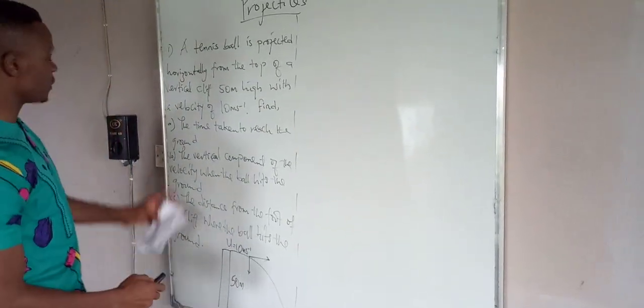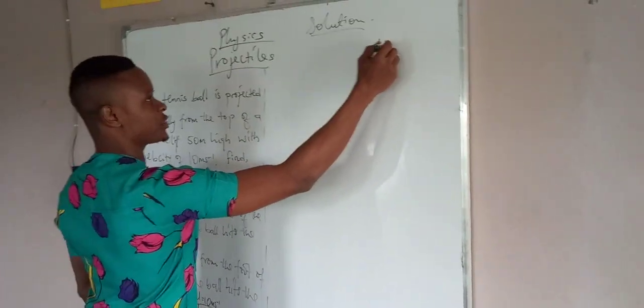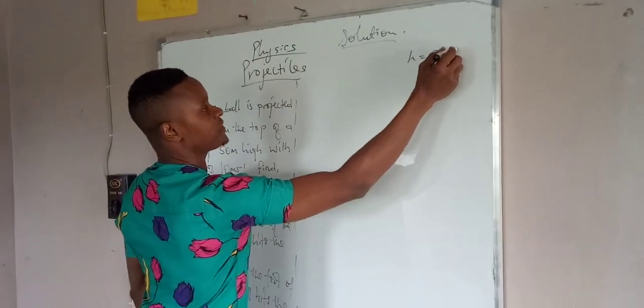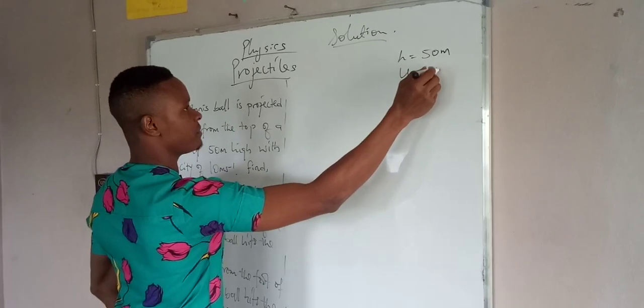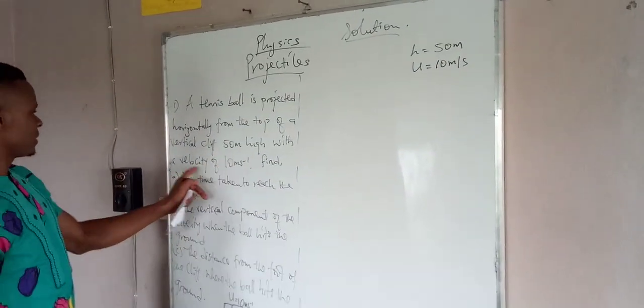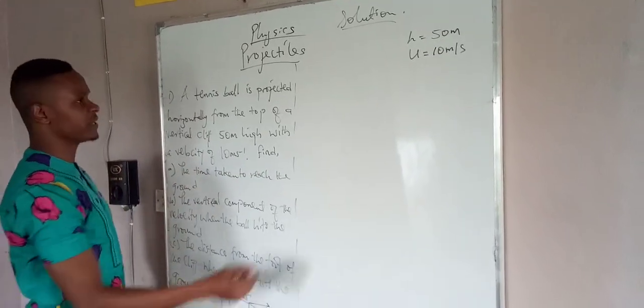So we are going to solve now. From here we have h, which is the whole vertical distance, as 50 meters. Then our initial velocity is 10 meters per second. And it says: find the time taken to reach the ground.